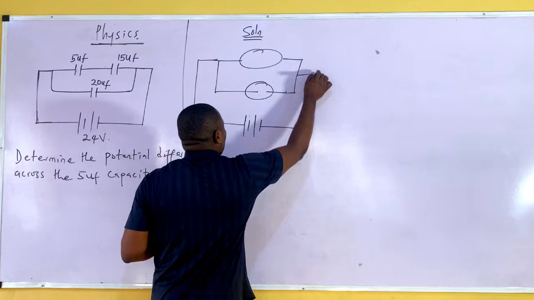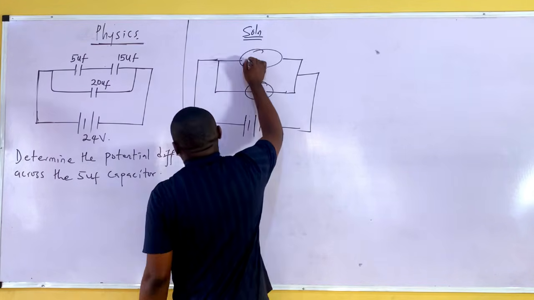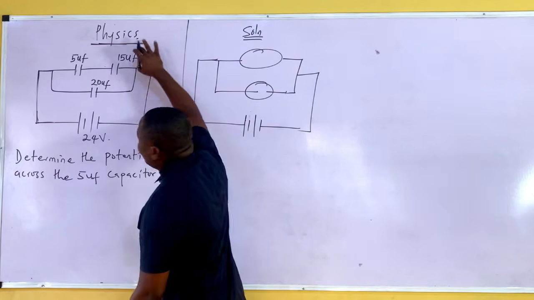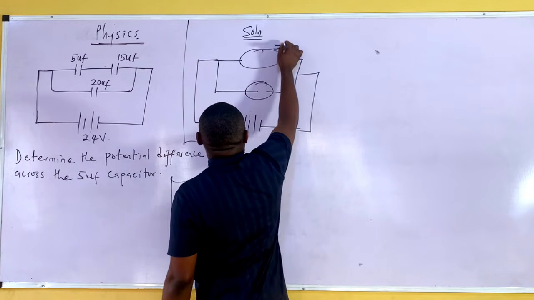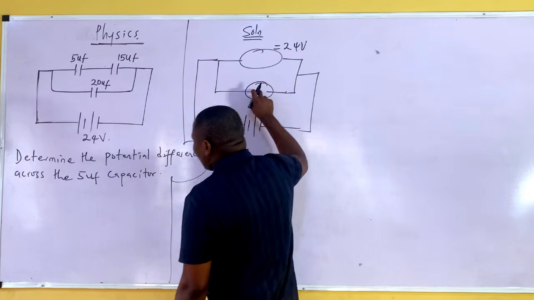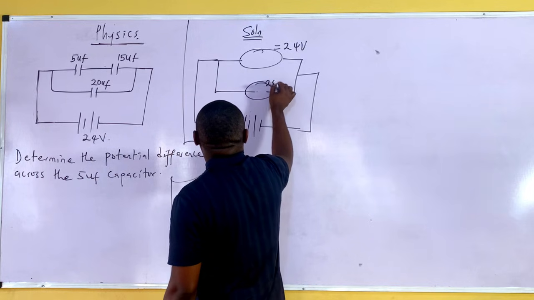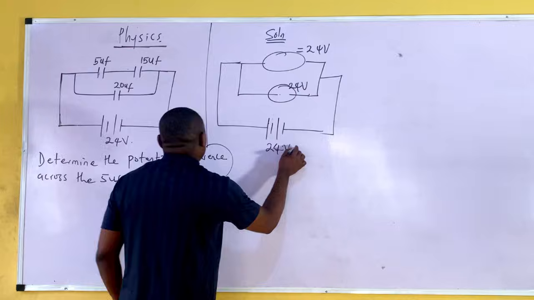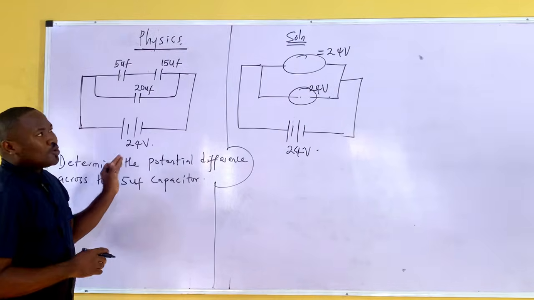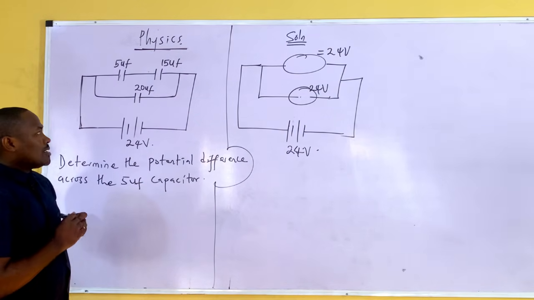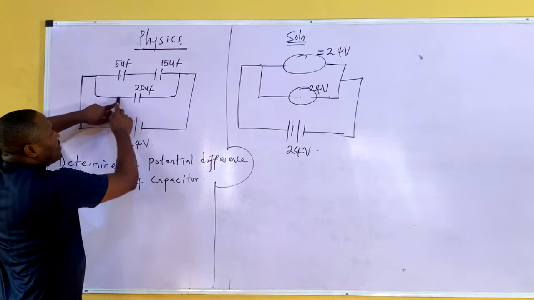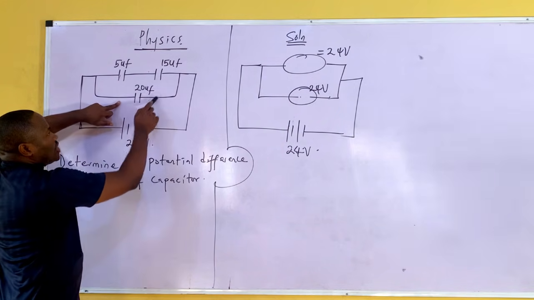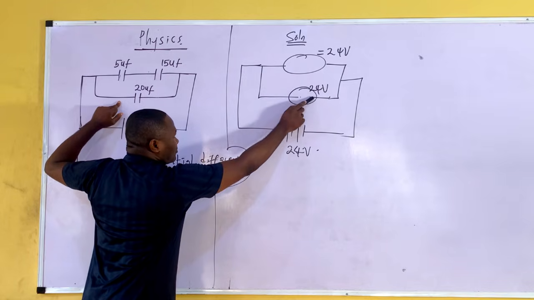Very important you know this, that the voltage in this region, everything here is equal to 24 volts. Everything here is 24 volts, just as 24 volts is what we have in the circuit. So if you have that knowledge, it means that 20 microfarad, the voltage here is 24.